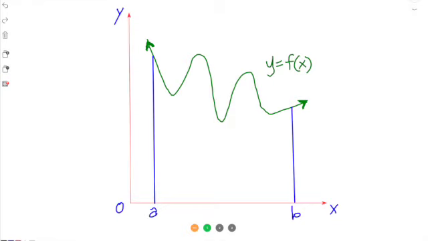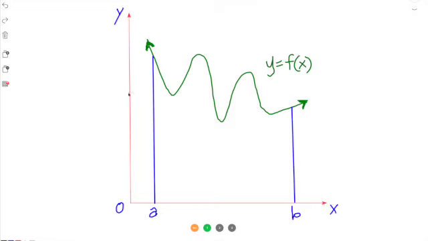Now let's talk about area. So we have here, as you can see, a curve denoted by y equals f(x), and we have two lines here, lines a and b, which are within the bounds of our curve, or we can say that are continuous in y equals f(x), whatever the equation of that function or curve would be.